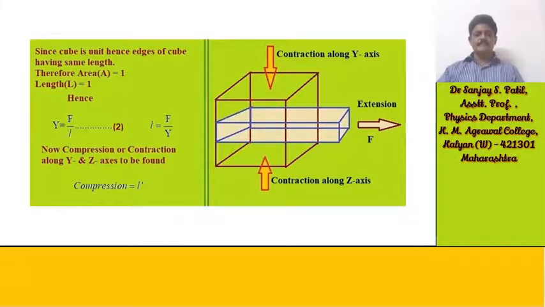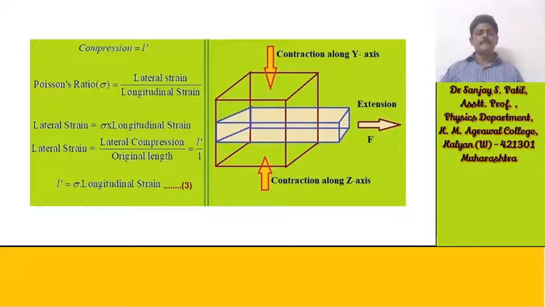Now we will consider compression or contraction along the y and z axes, which is equal to L dash. Poisson's ratio sigma is equal to lateral strain divided by longitudinal strain.